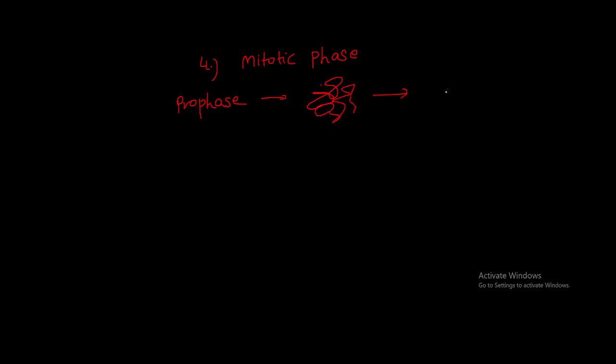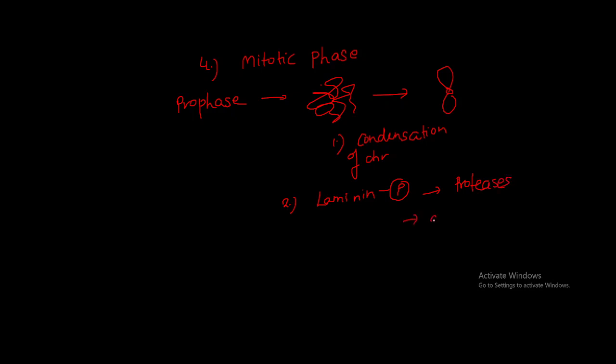Now in the prophase they become condensed, they become like this. So the first thing that happened is condensation of chromosome. The second thing that happened is laminin phosphorylation, or other proteins also phosphorylate. Once they phosphorylate, they activate certain proteases that degrade the nuclear membrane.